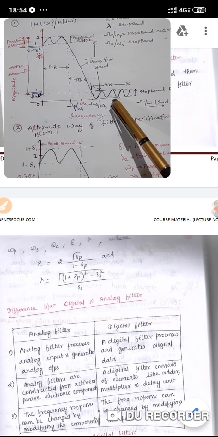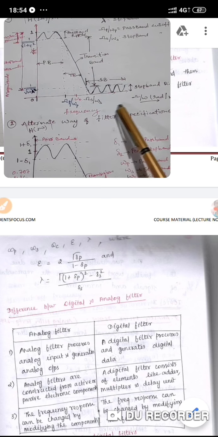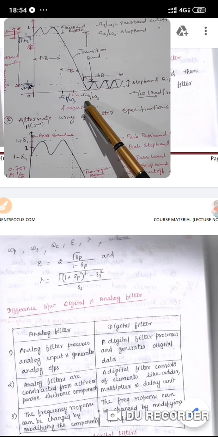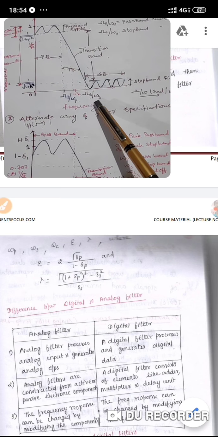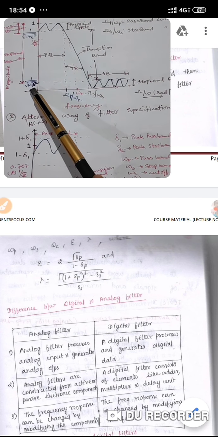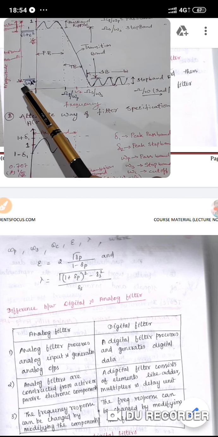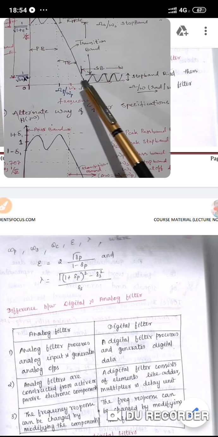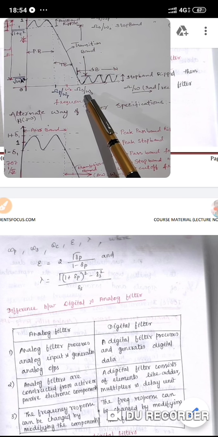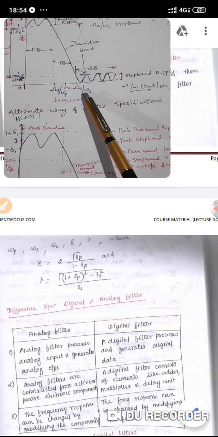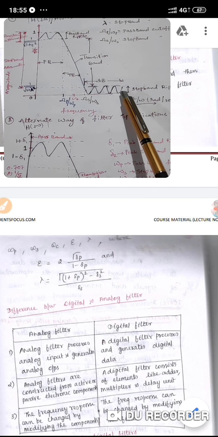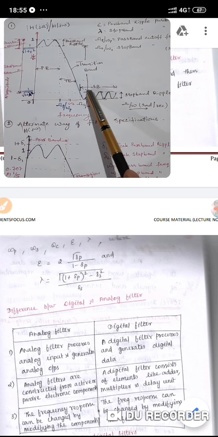The stop band frequencies are reached at 1 by root over 1 plus lambda square. At this point we get the stop band frequency, which is given by omega s, and this is the stop band ripple.